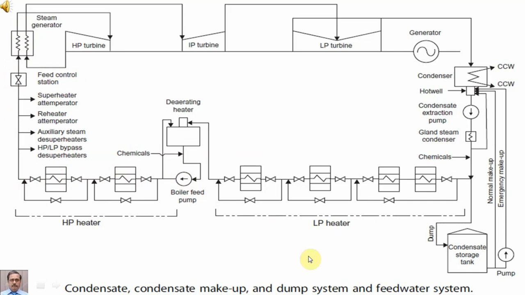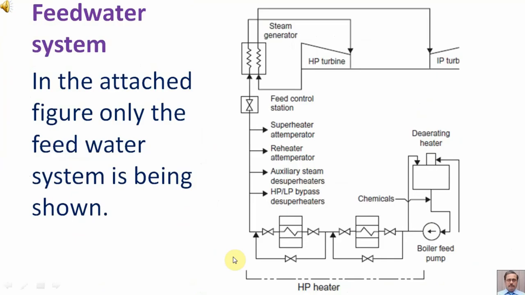We shall cut this diagram, and this cut diagram shall be used for further discussion. In the attached figure, only feedwater system is being shown, which we are going to discuss in the subsequent slides.